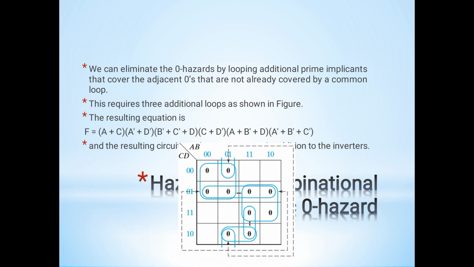That is, the prime implicants present in the adjacent zeros that were not covered already should be covered with a common loop. By covering with the common loop, or mapping all the possible combinations, we can eliminate the 0 hazard or 1 hazard.